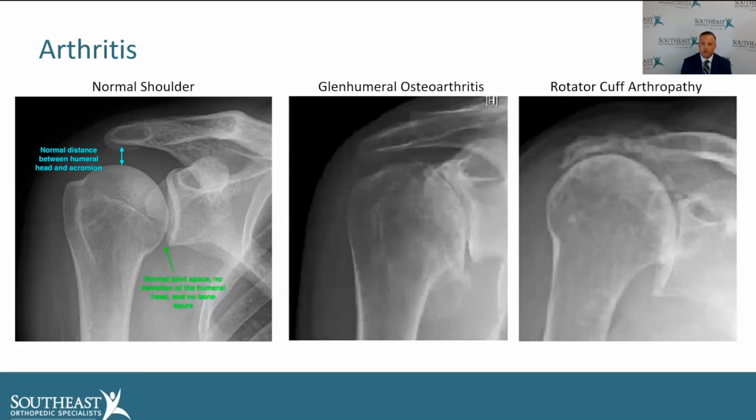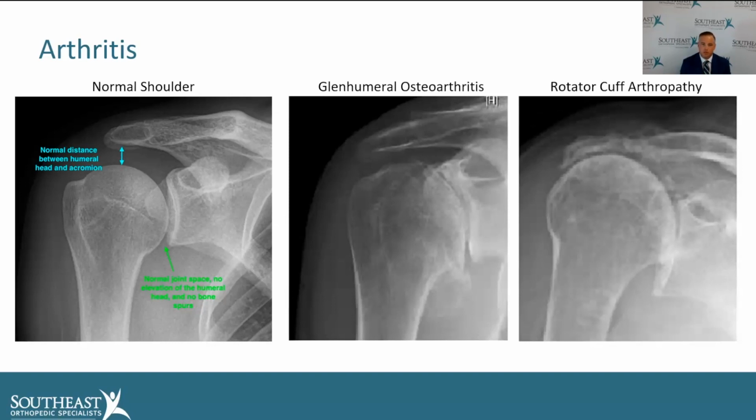Now, when we talk about glenohumeral osteoarthritis, you see the flattening of the humeral head, and the pretty characteristic osteophytes that are forming inferiorly. We actually call those goat spear osteophytes, and they're very indicative of osteoarthritis of the humerus. But that rotator cuff interval, that interval between the humerus and the acromion, is very well preserved.